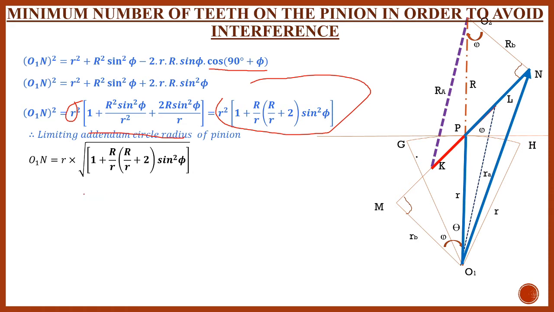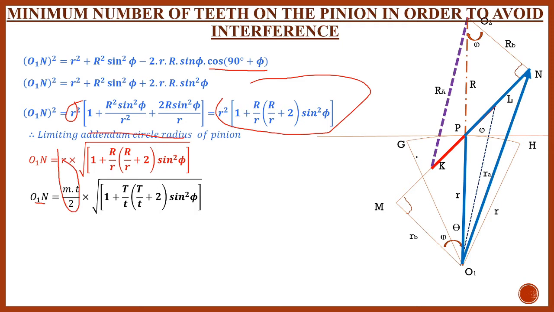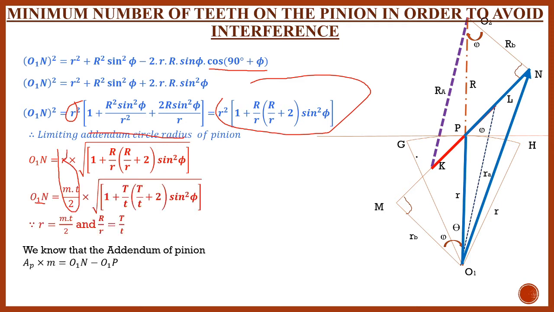Again, before that, this small r is equal to m into t upon 2, so I have replaced r by m into t by 2, and capital R upon small r I have replaced by capital T upon small t, which is the gear ratio. Capital R upon small r is equal to capital T upon small t, which is equal to G.